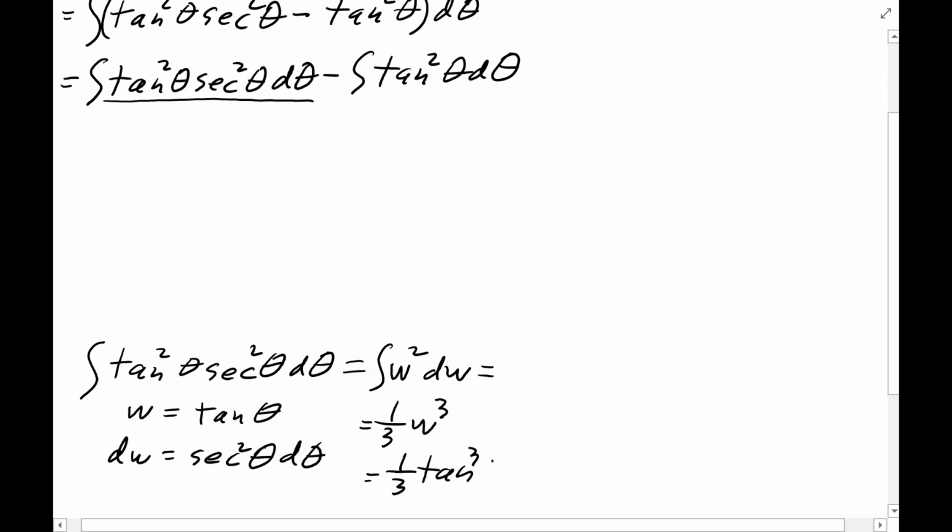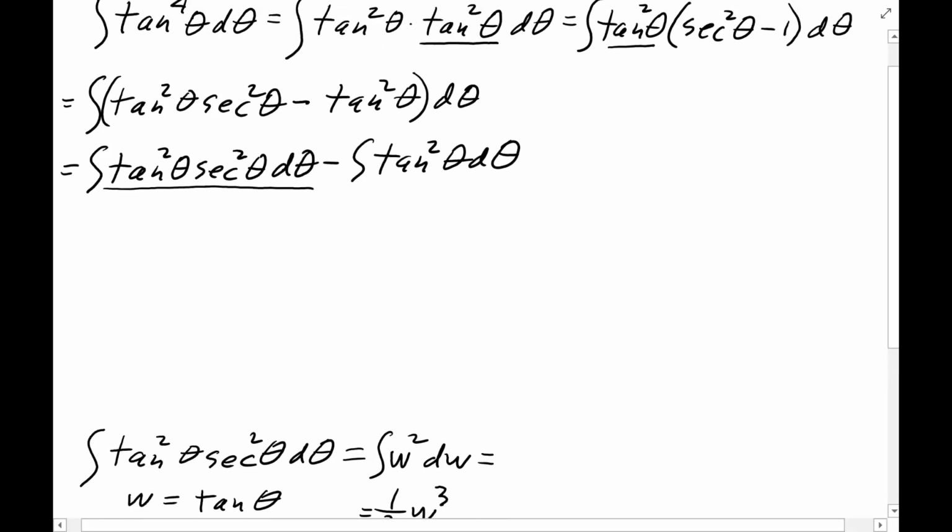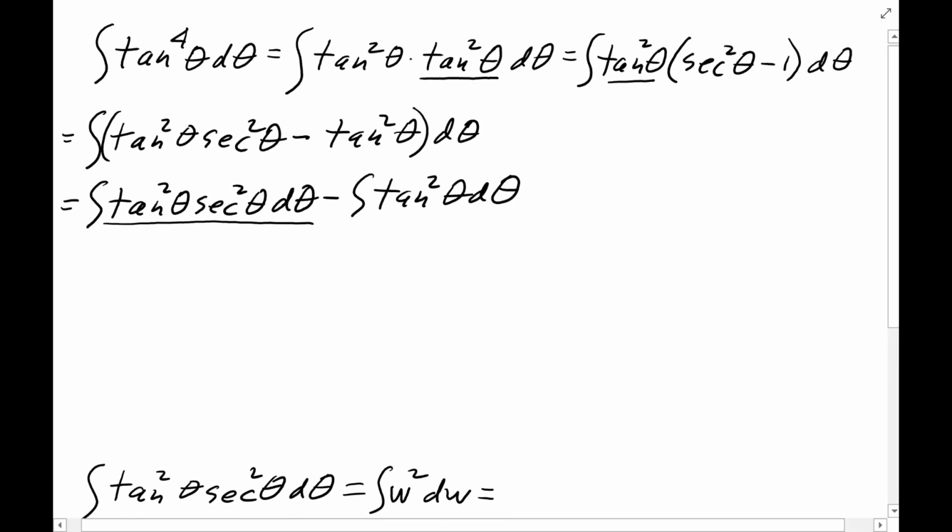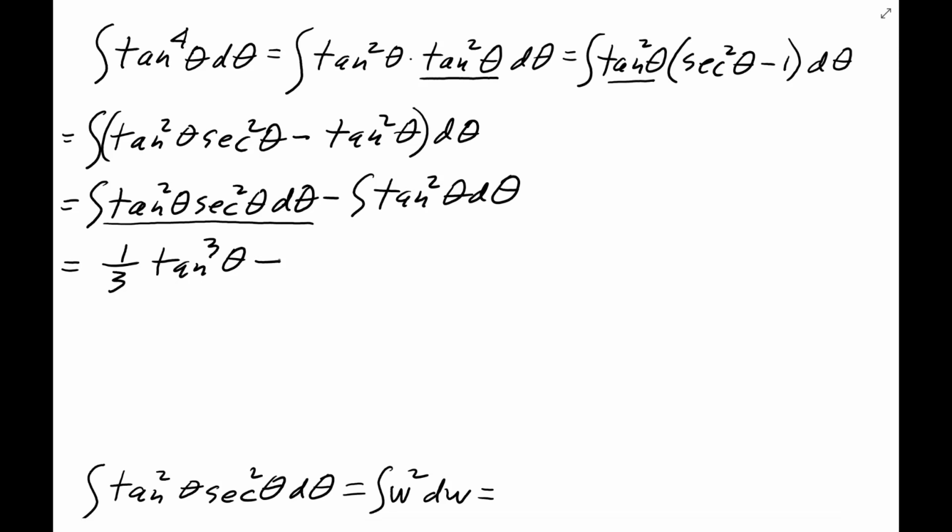So we get 1/3 tangent cubed theta. Okay, so that first integral becomes 1/3 tangent cubed theta minus this second integral, tangent squared theta.